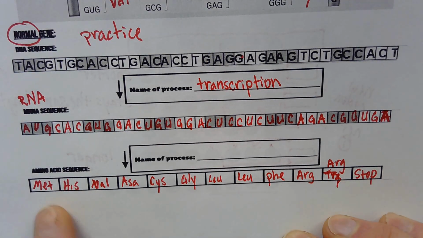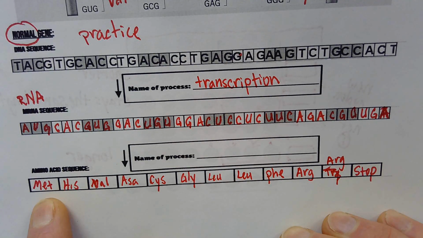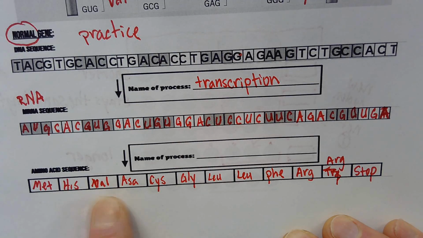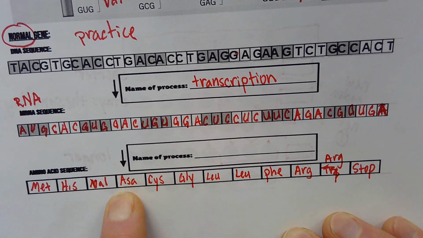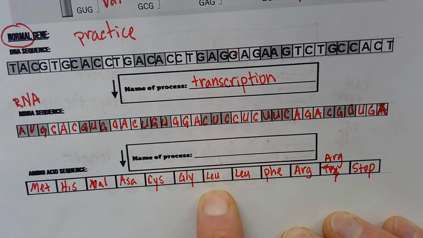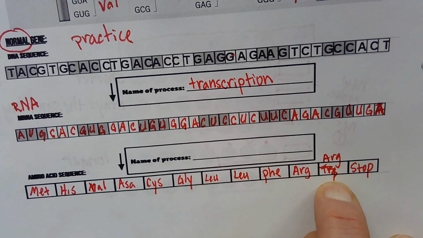All right, so now let's double check your amino acids. So Met, His, Val, Asp, Cys, Gly, Leu, Phe, Arg, Stop.